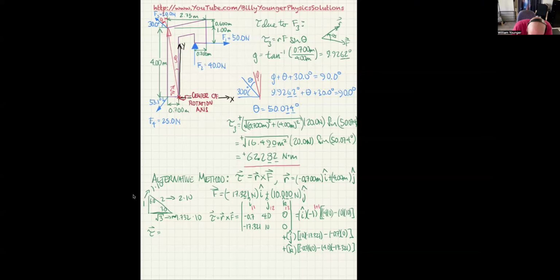So I'm going to have -7.00 Newton meters, and then minus and minus gave me a positive, and that gave me 69.284 Newton meters, and all that will be times k hat.